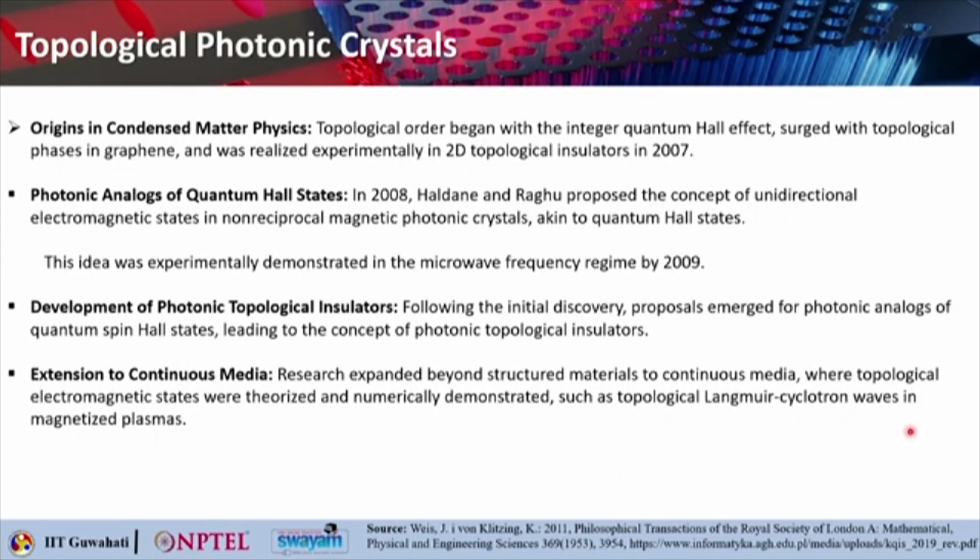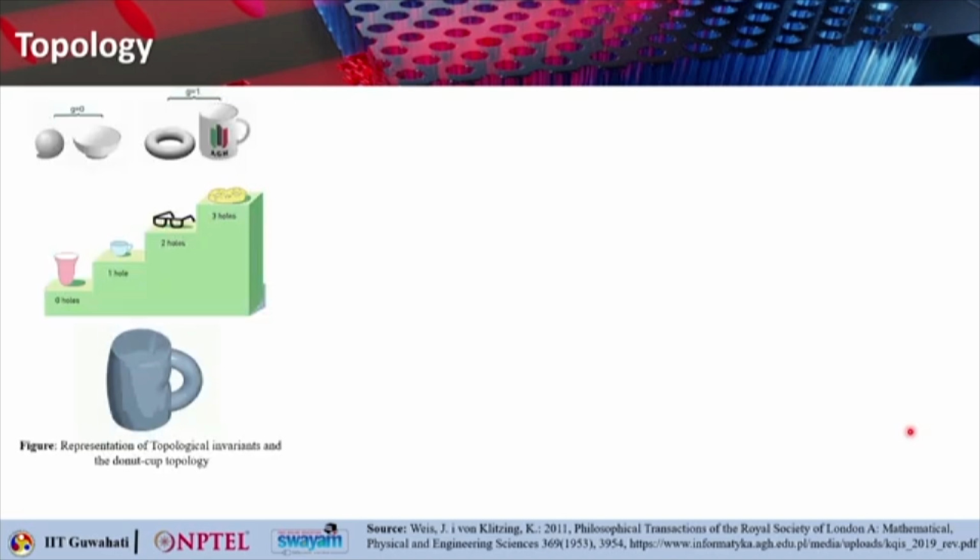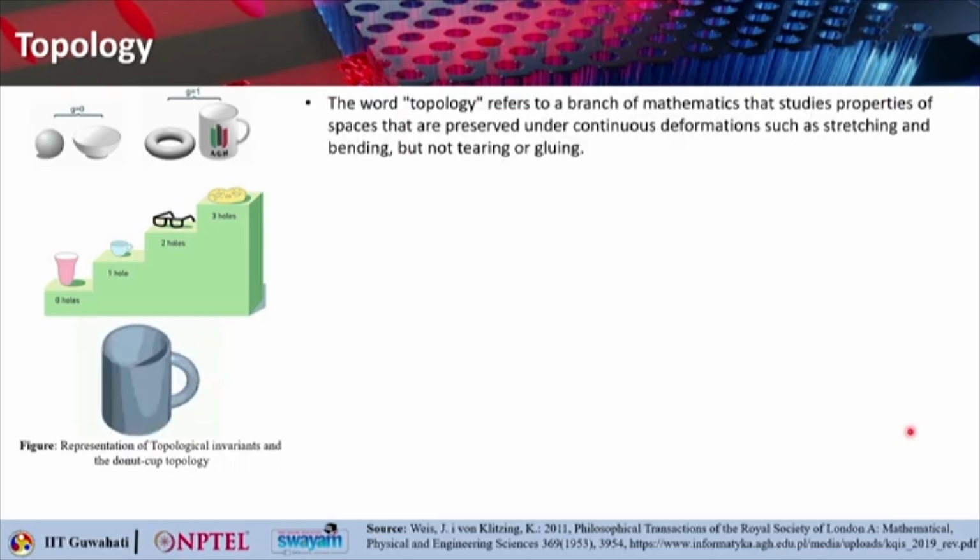These are all difficult concepts to understand, but let me bring in the first notion of topology in this lecture. What do we mean by topological insulators and what is topological invariance? When you think of the word topology, it refers to a branch of mathematics that studies properties of spaces that are preserved under continuous deformations such as stretching and bending, but not tearing or gluing. That is important.